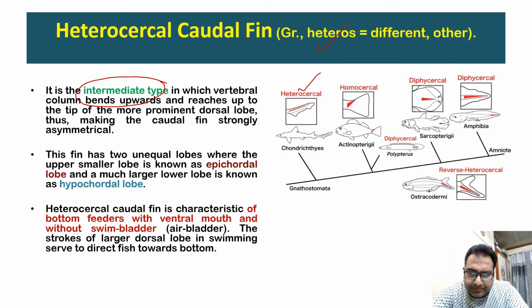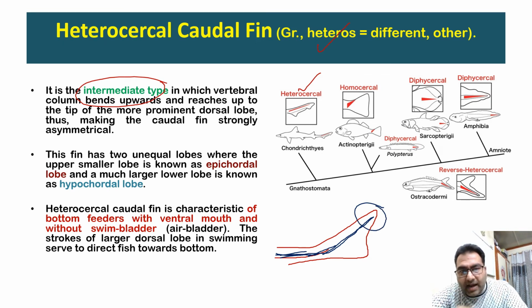So for example, this is the fin. Herein what happens, the caudal fin, I will just show you in blue. The vertebral column moves upwards up to the tip of the tail, towards the elongated part, making the fin asymmetrical.